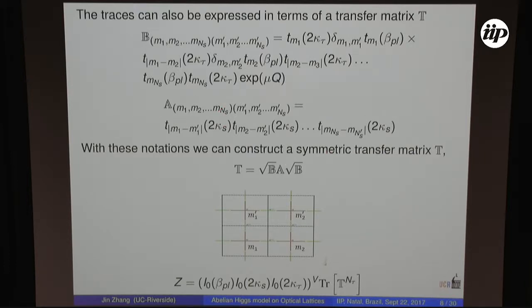So the transfer matrix is square root of B times A times square root of B. And the partition function can be expressed by the trace of T to the N tau. N tau is the number of sites in the tau direction.